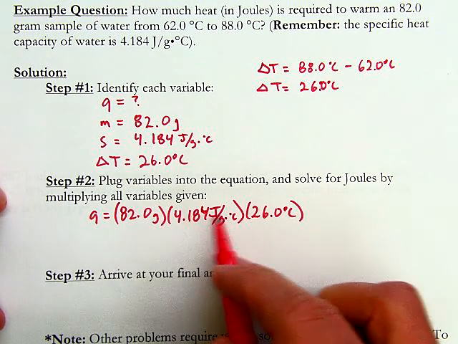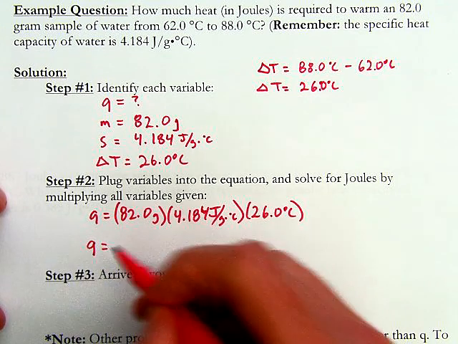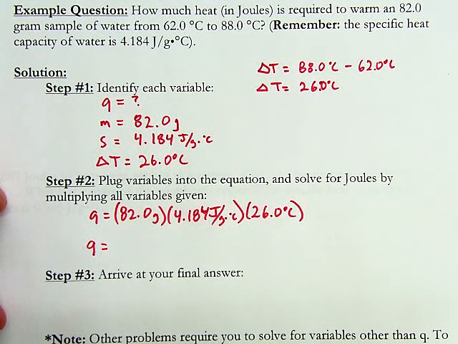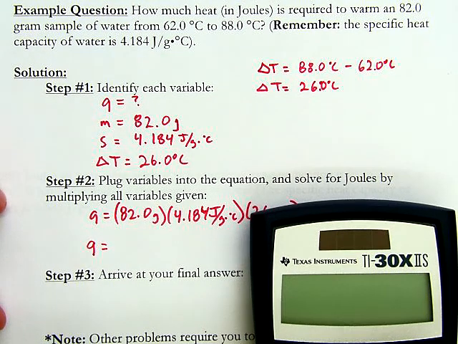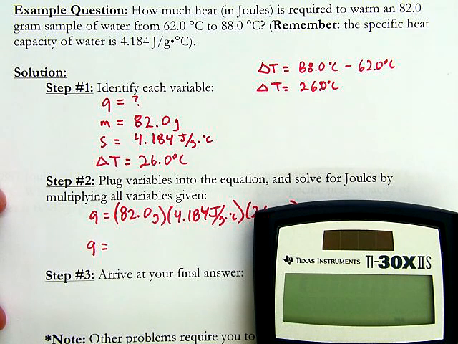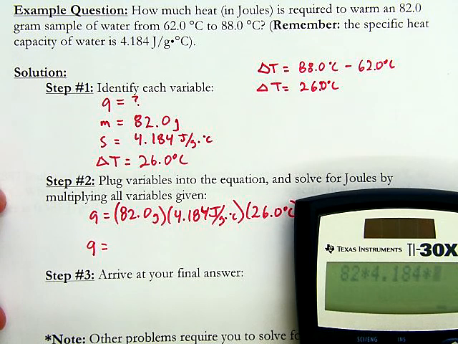Now, these are all positive numbers, so our Q is going to come out to be a positive number. And if we plug these into our calculator, it's going to be 82 times 4.184 times 26.